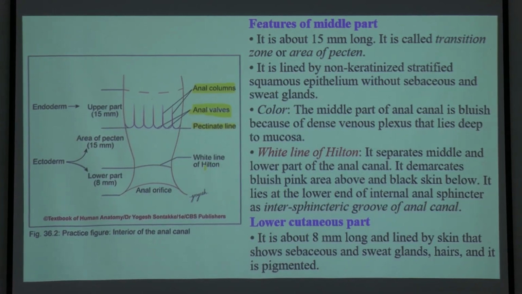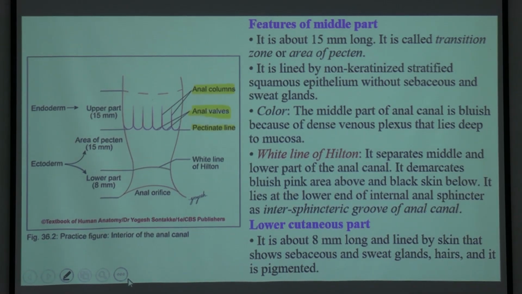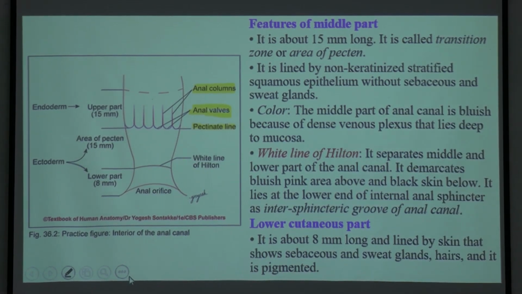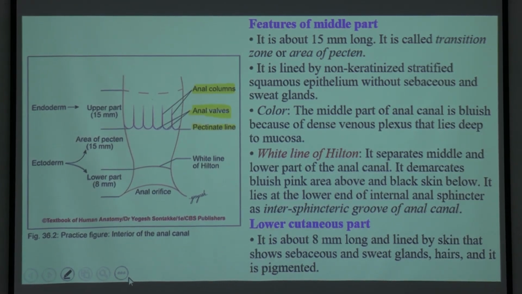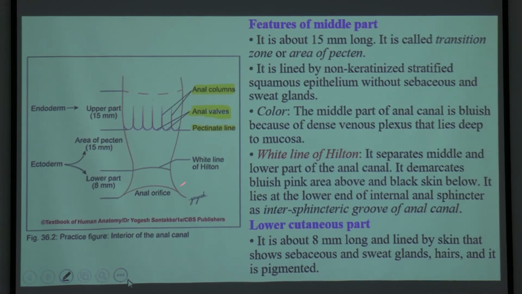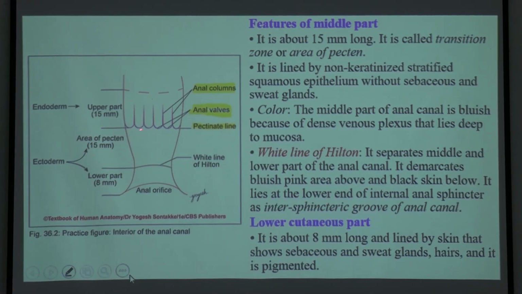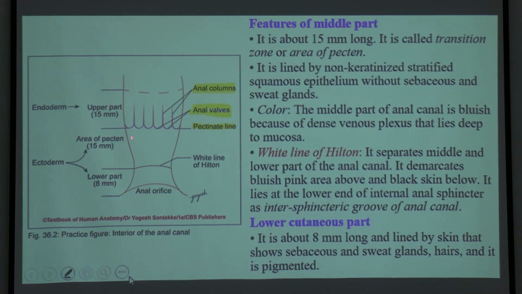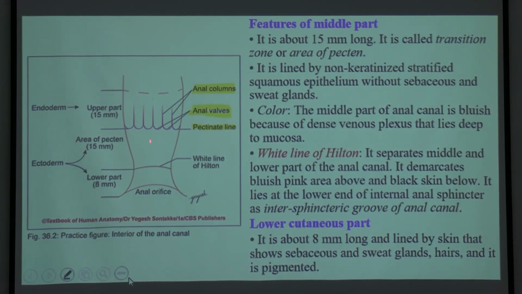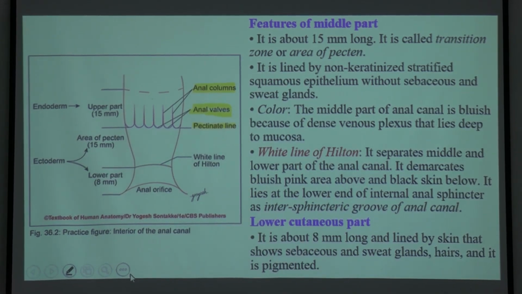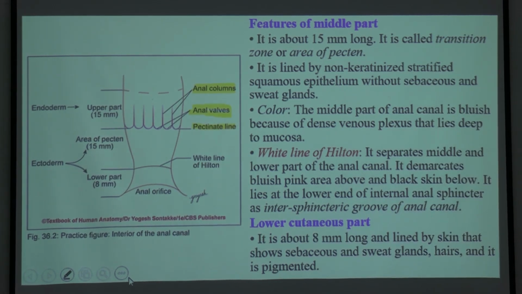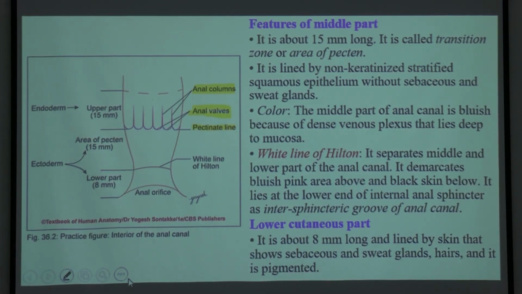The area above this pectinate line belongs to the autonomic nervous system. And the area below the pectinate line or dentate line, that means this area, the next 15 millimeters and the next 8 millimeters, belongs to the somatic system.